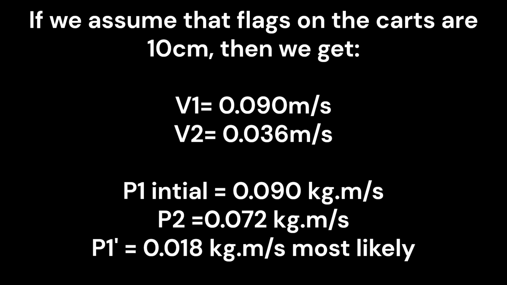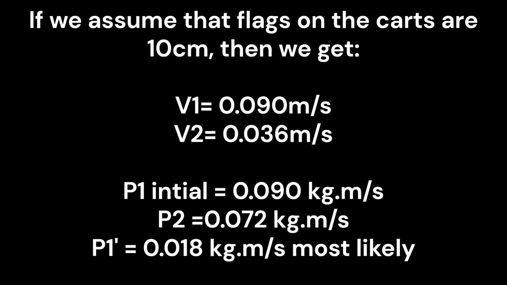So the initial momentum was 0.090, and then cart 2 came out with 0.072. So there is a difference of 0.018. Okay, so we have lost 0.018 momentum, but that momentum is actually of cart 1 still going in the same direction. So when we add 0.072 plus 0.018, that will add up to 0.090.